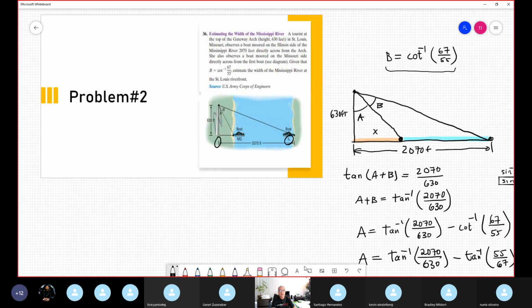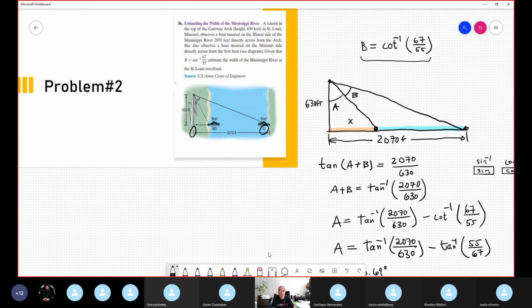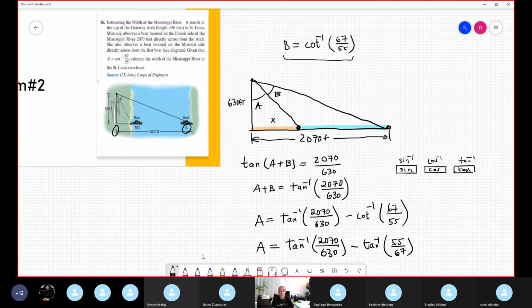The question is the Mississippi River width, no? Okay, que es the blue segment, no?